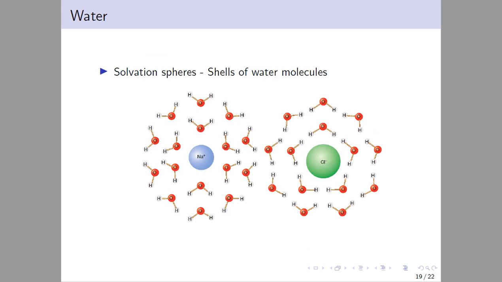Okay, next is the solvation sphere, the shell of water molecules. Here these are Na plus and Cl minus. For the ionic interaction, they must come together first.